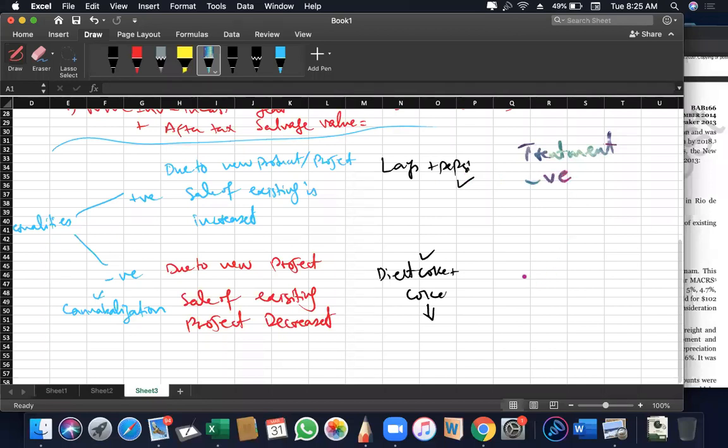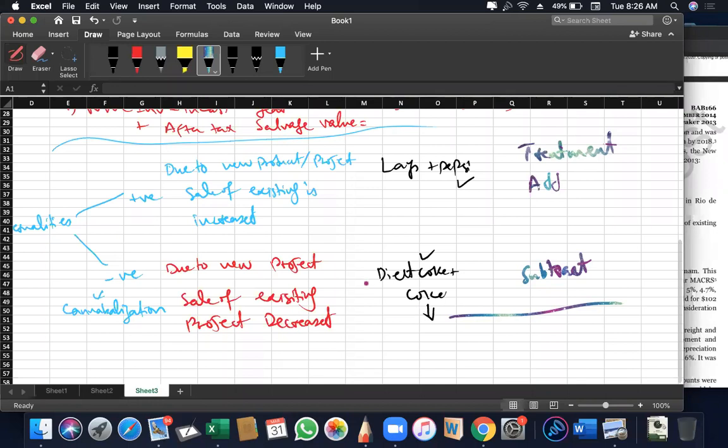And here we will subtract. Now why are we subtracting?